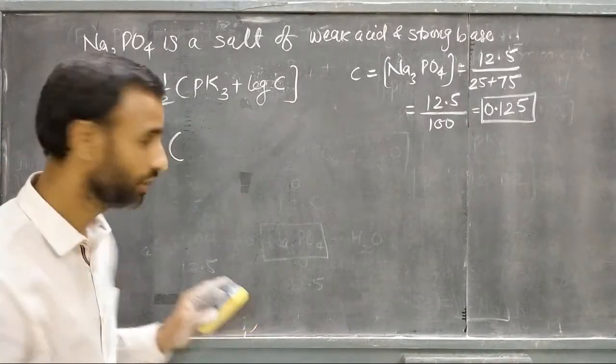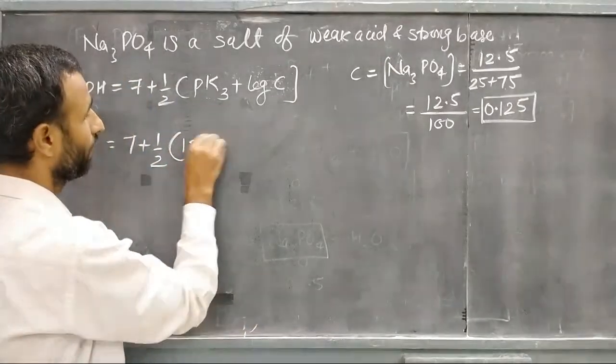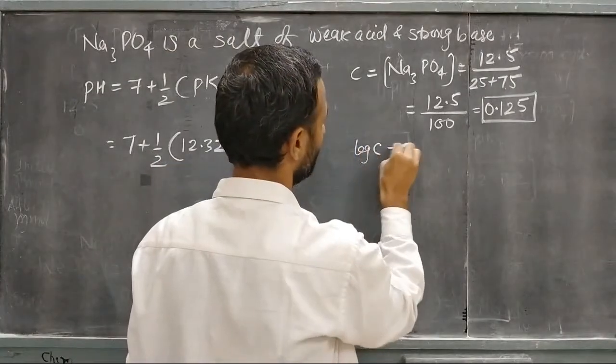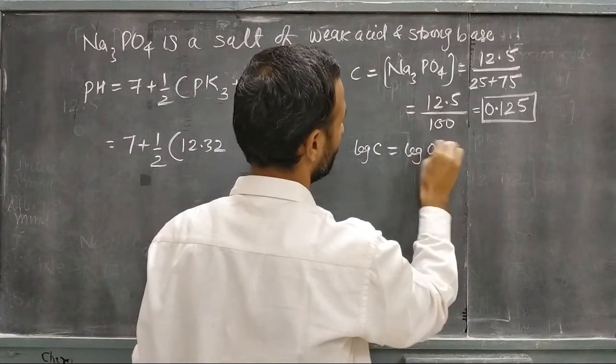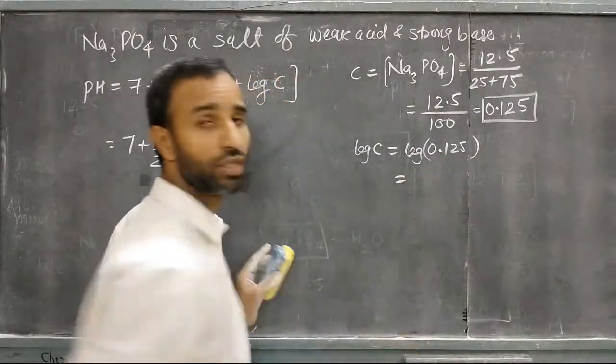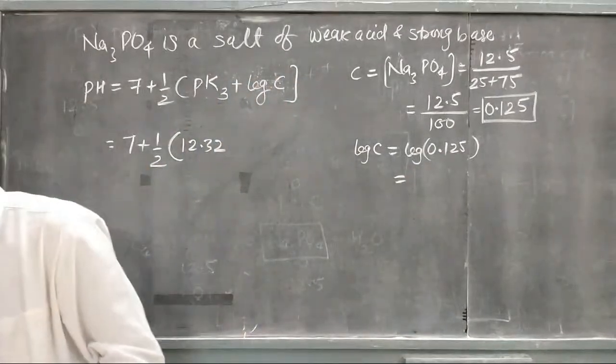What is pK3? 12.32. Now log C. Log C is equal to log of 0.125. So what is the value of log of 0.125? Yes, tell me.